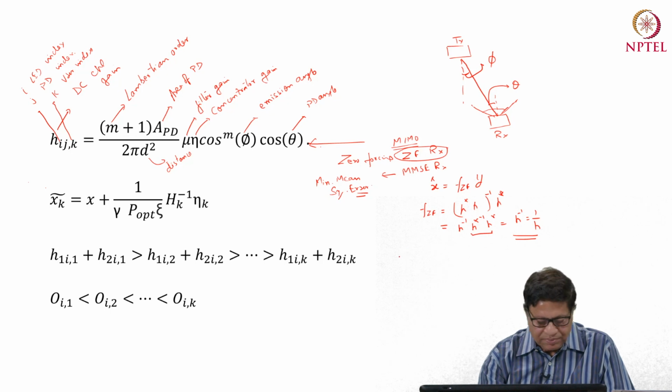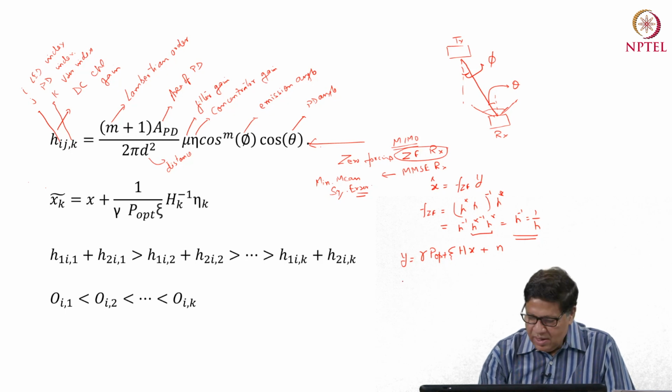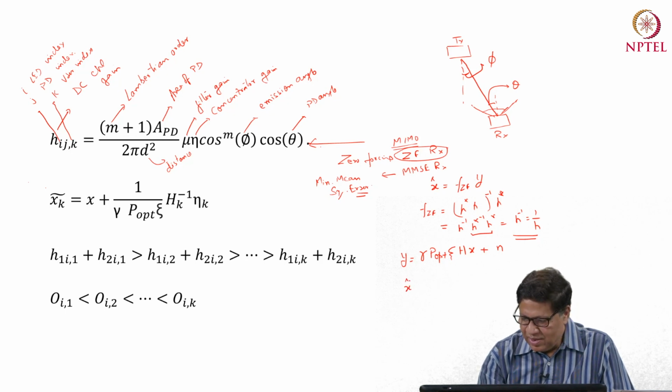So if I write my received signal y, this is responsivity into received power P_opt into modulation index into, say, channel matrix H into x plus n. Now the estimated value is the zero forcing function on y.